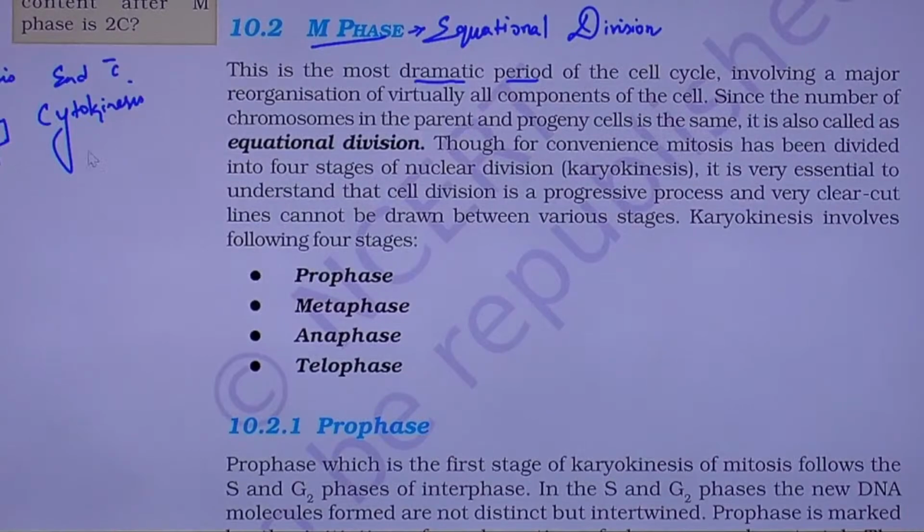So if the parent cell has 46 chromosomes, that is 23 pairs of chromosomes, it gives rise to two daughter cells.